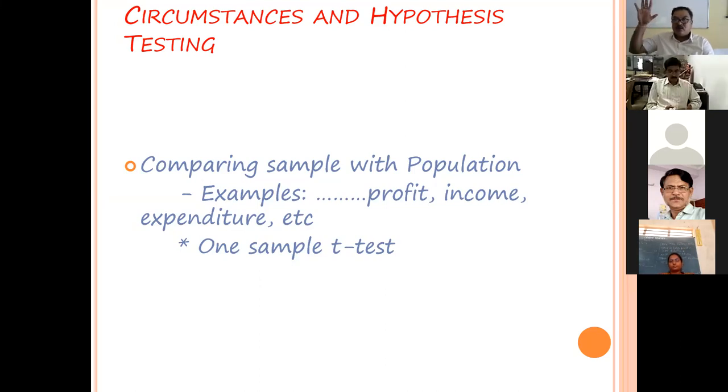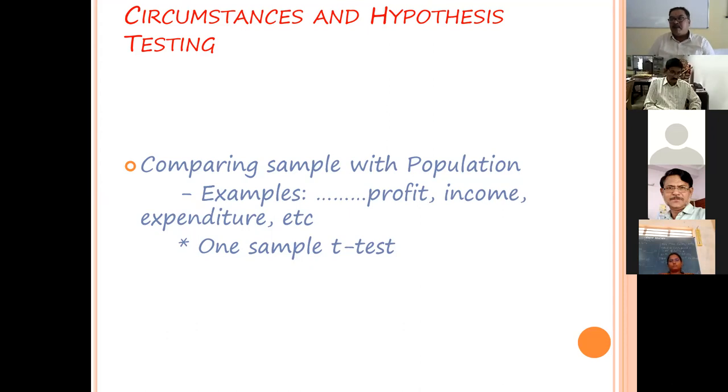So now you have an understanding of how to conduct the test. Let me now go one by one, how we can do the test. I'm taking some circumstances and hypotheses and trying to make the comparison. The first circumstance is the first example I have given.